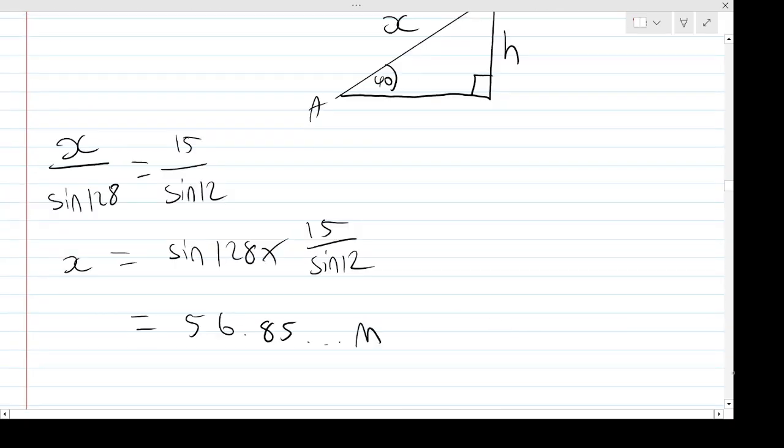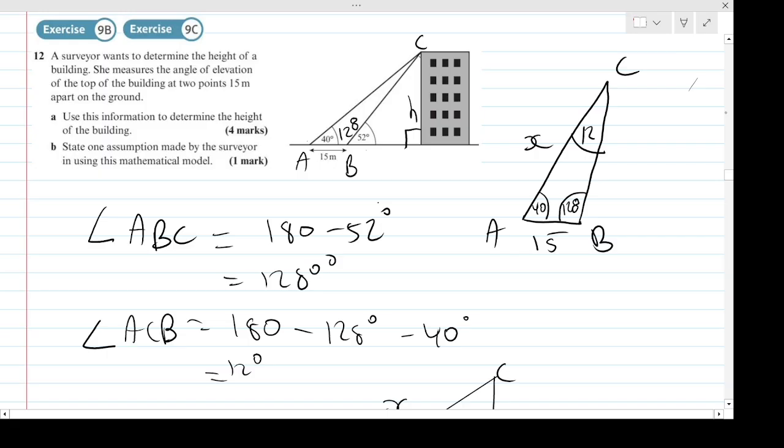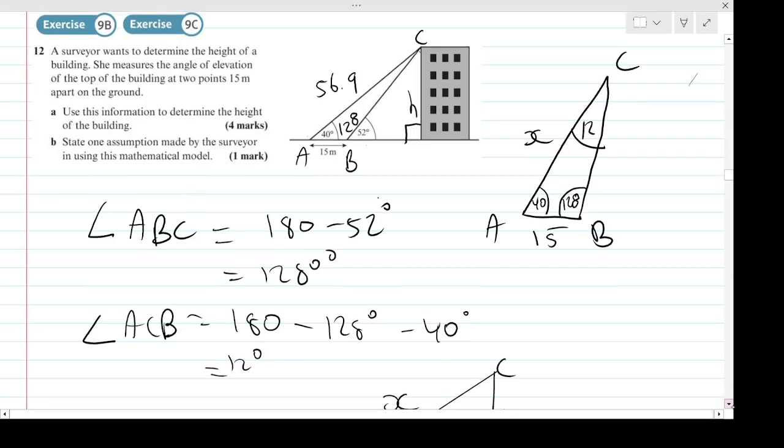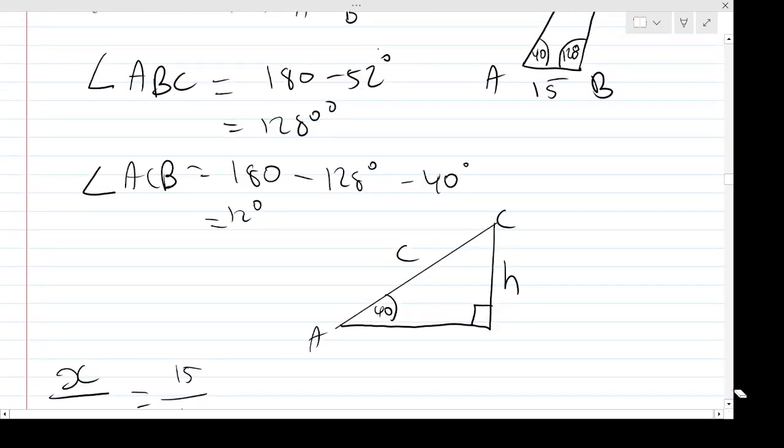Okay. I'm not going to round it because that's not my final answer. So now I know this length is 56.9. So now I know x is 56.9. I can fill that in. But remember, I want to work out this length h, the height of the tower.